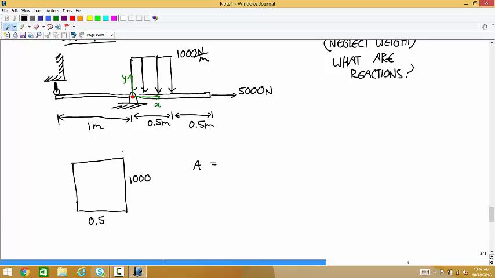So the area is 500 newtons. And the x-centroid is at the midpoint, 0.25 meters from either end. And since our origin is at the left end, this is just going to be 0.25 meters.